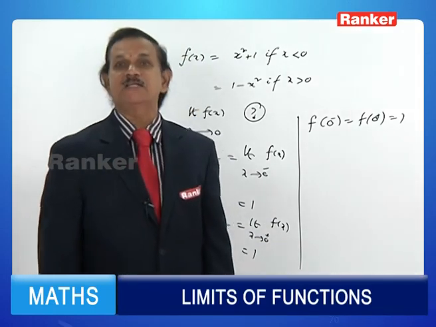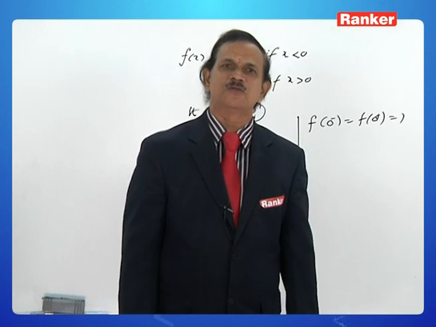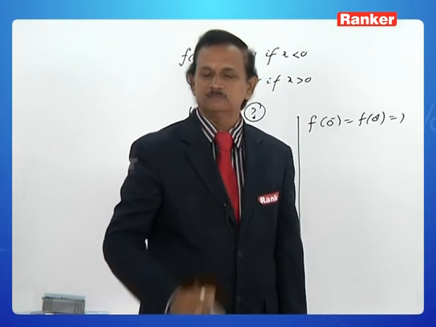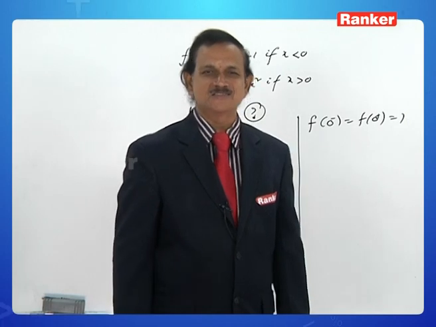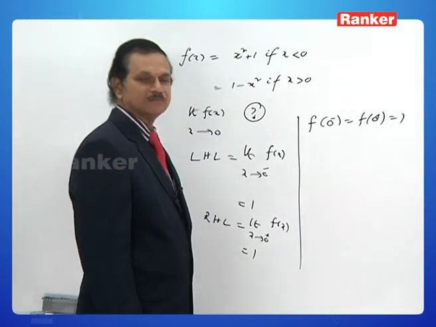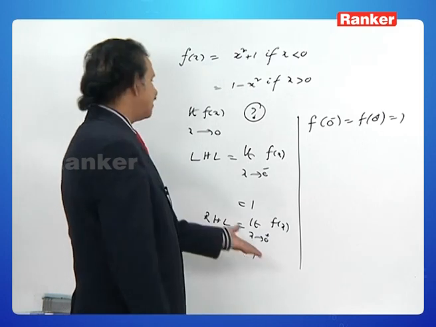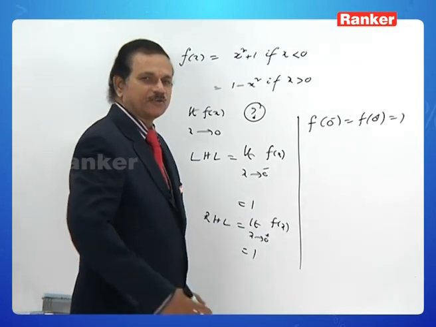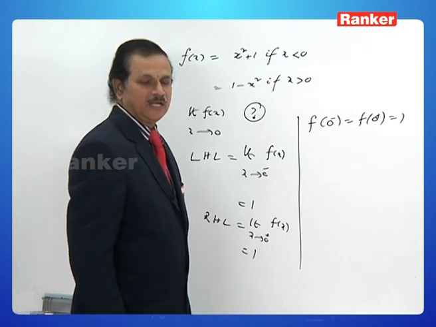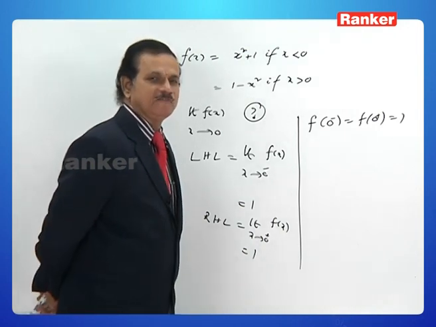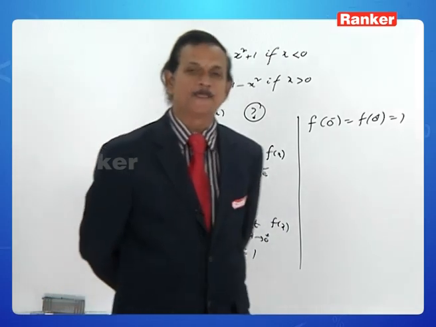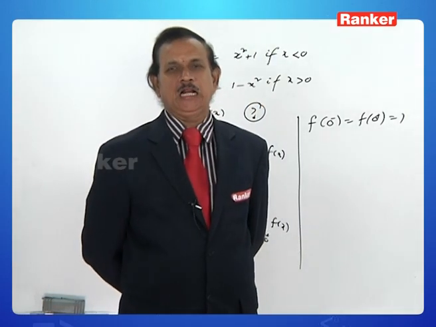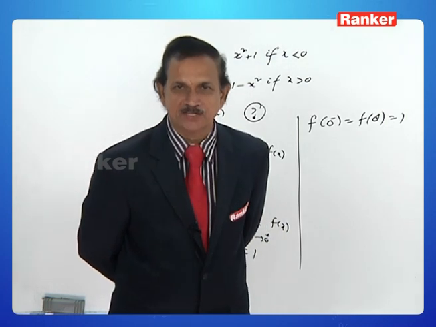Astonishing. The function f is not defined at x equal to 0. Even then, limit of f of x as x tends to 0 exists and is equal to 1. This example makes us recall that the existence of limit of f of x as x tends to a is purely immaterial about the definition of f of a.